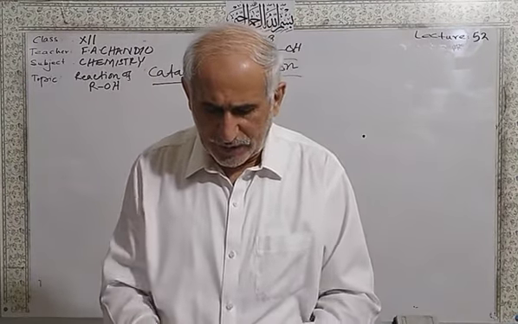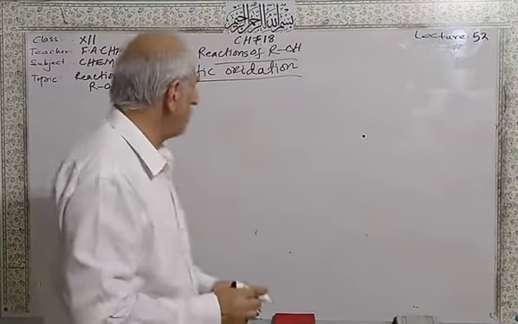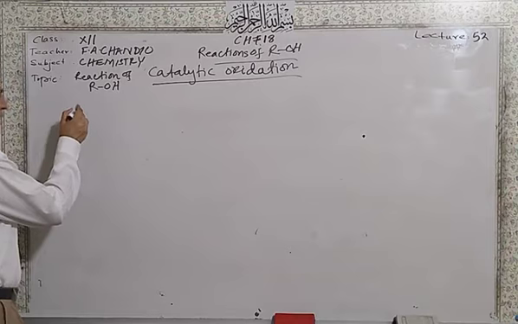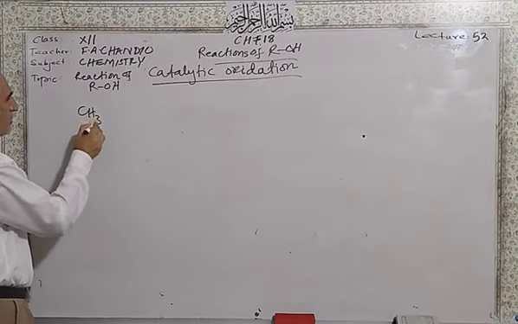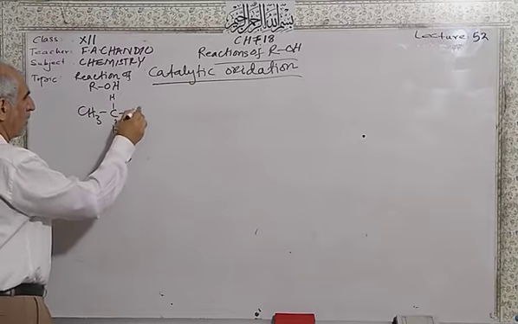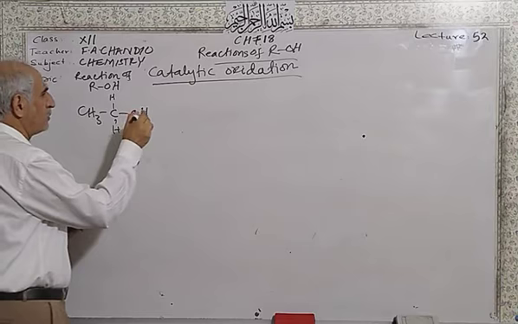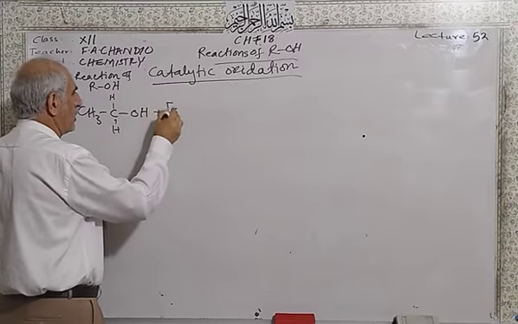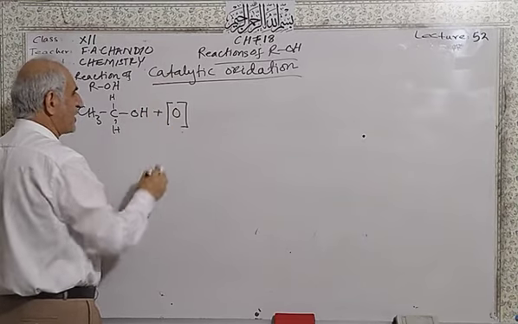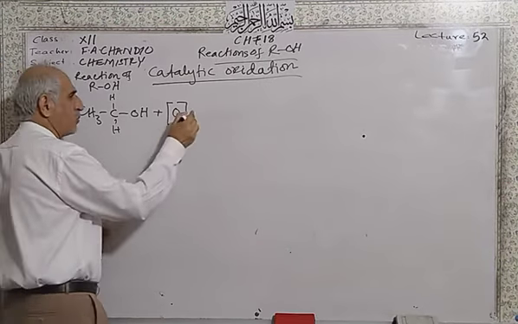We call it catalytic oxidation. So in the catalytic oxidation, when you use ethanol, here ethyl alcohol, this is the nascent oxygen, newly prepared oxygen. We call it nascent oxygen.